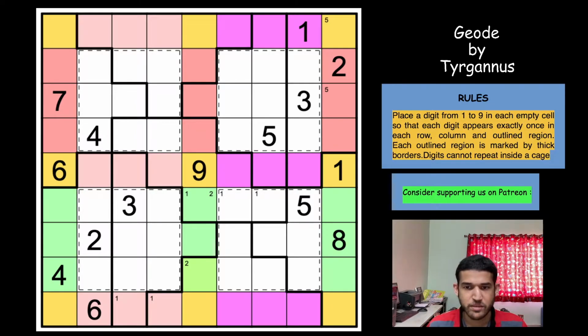Okay, where does the 6 go in the pink cells? It cannot be in row 9, it cannot be in row 5. So the 6 in the pink cells would have to be in these 2 cells.